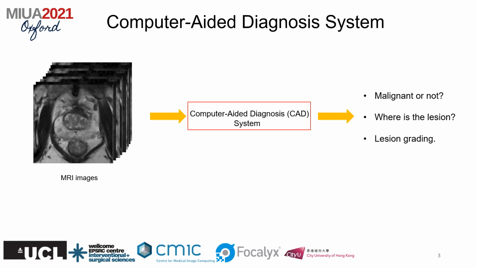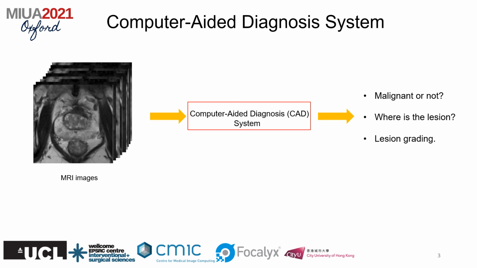Automated computer-aided prostate cancer detection can not only help significantly reduce the radiologist's time in examining the volumetric MRI images, but also provide higher consistency than human interpreters.